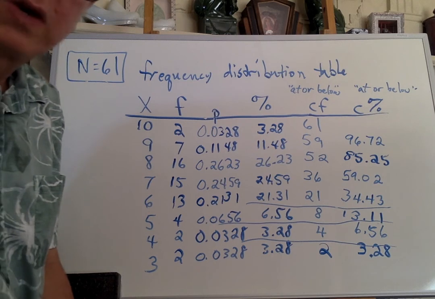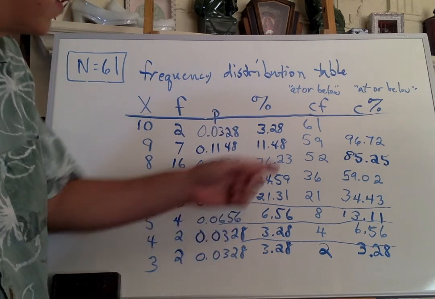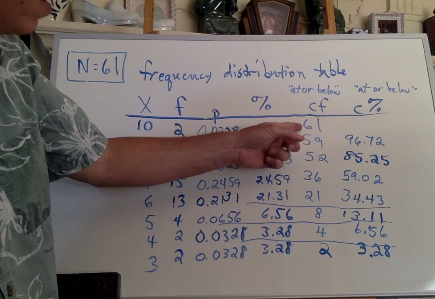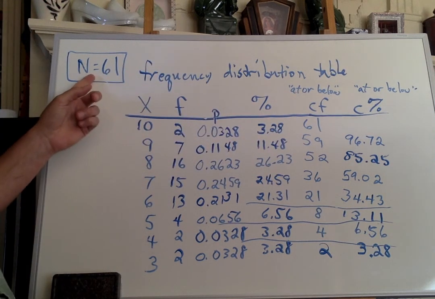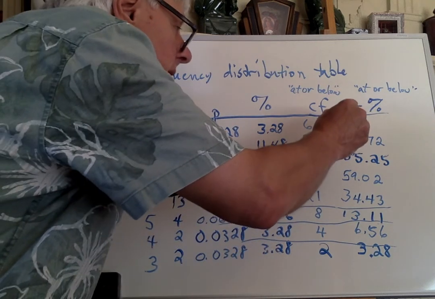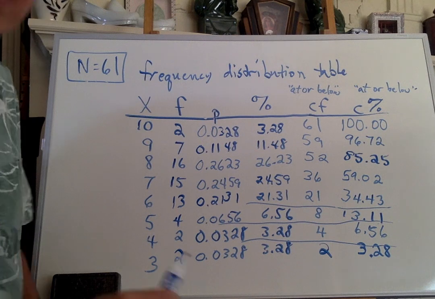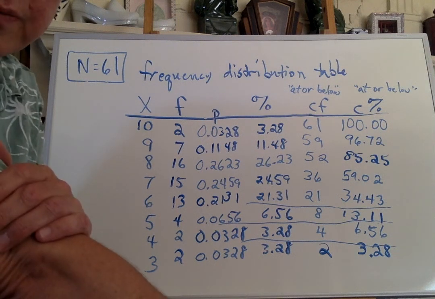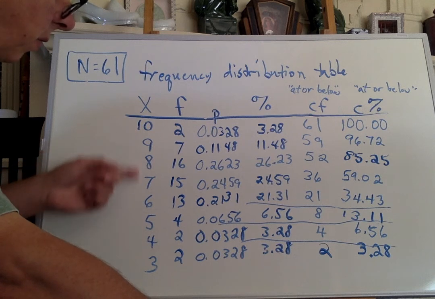Now, we don't even have to do the computations for our final entry because by the time we get up here, we have 61 people out of a group of 61. So this is, of course, and it will always be 100%. Okay? 100% of the people said 10 or below.